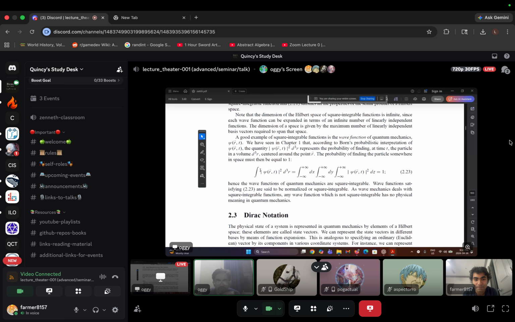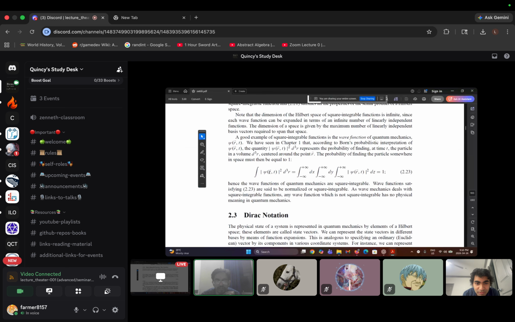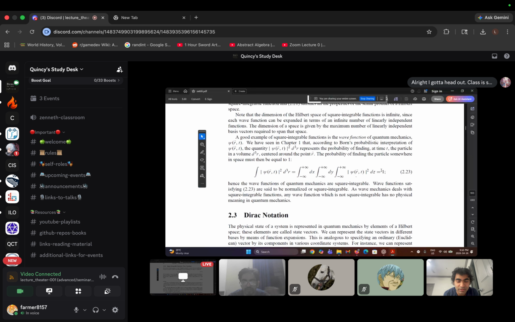So here, r is just the position vector, right? So it's with respect to x, y, and z. So we're just integrating it with respect to x, y, and z over the whole space. So the probability of finding the particle will be 1, I think. Yeah, that's what it says.